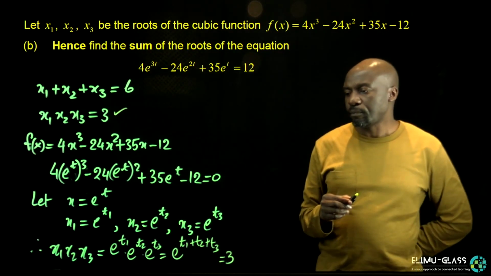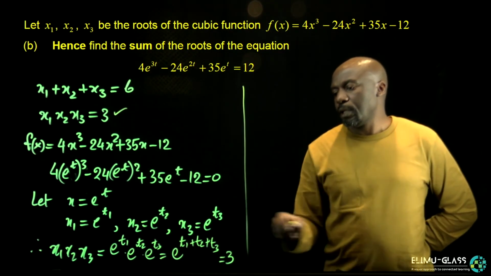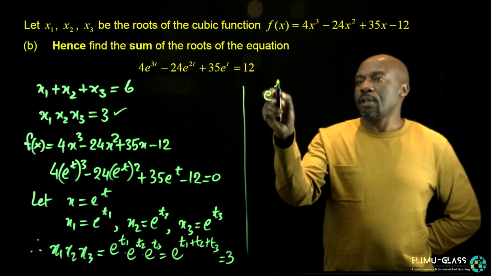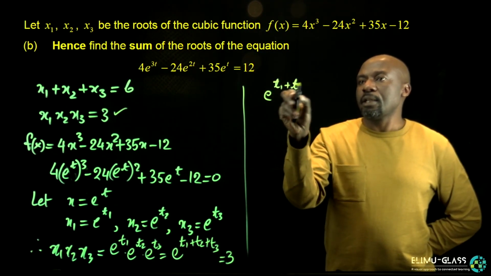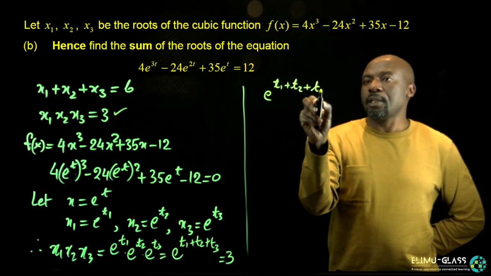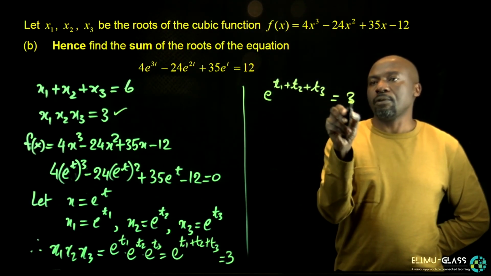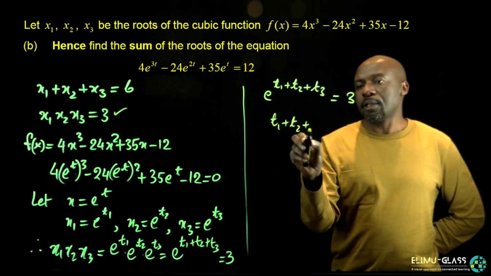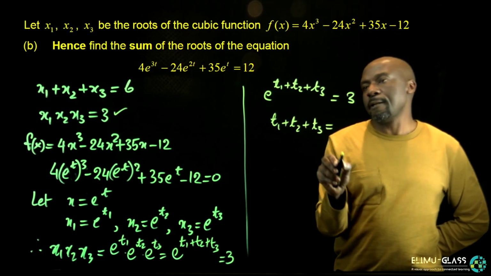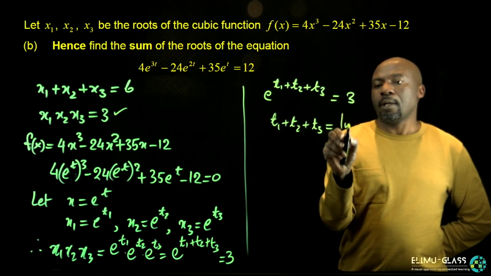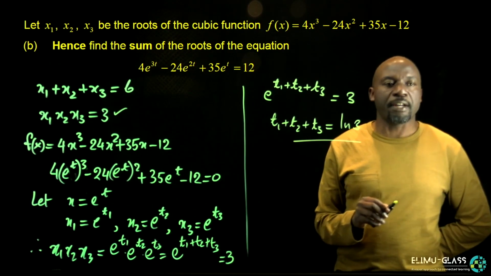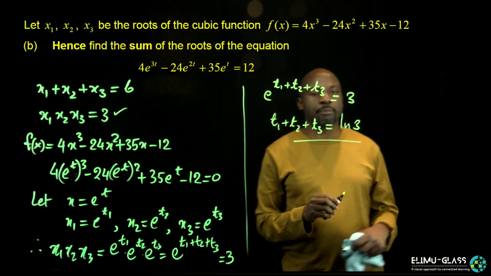So we can conclude that e to the power of t1 plus t2 plus t3 is equal to 3, and therefore t1 plus t2 plus t3 must be ln of 3. And this was the final answer for this particular problem.